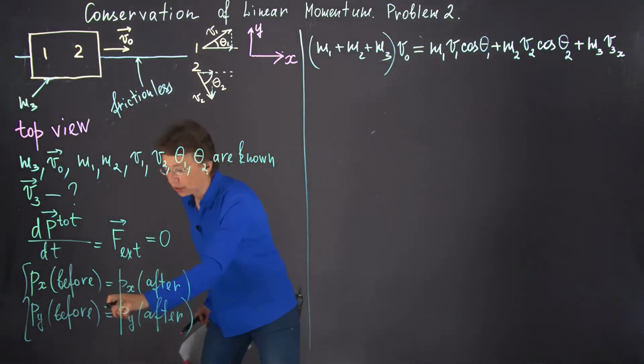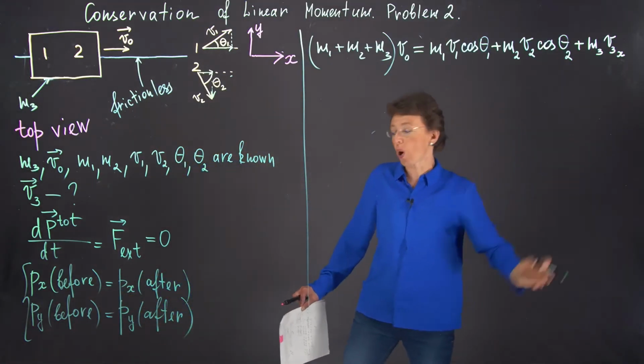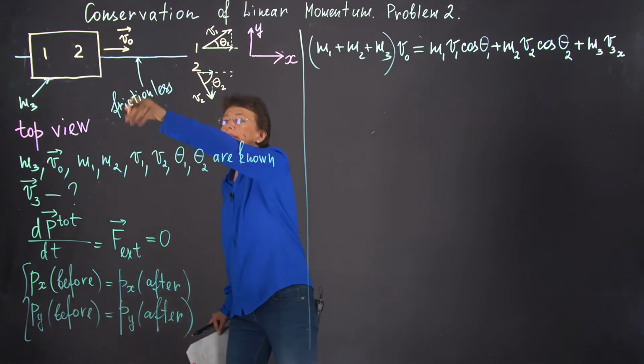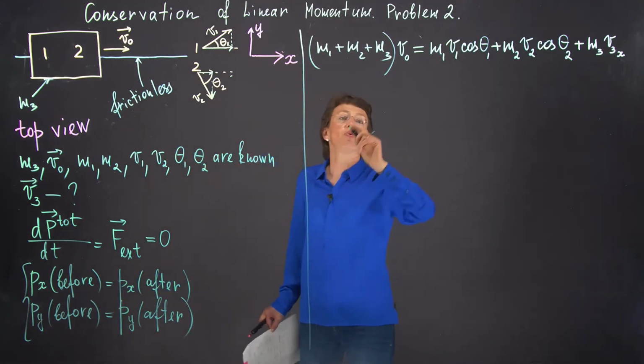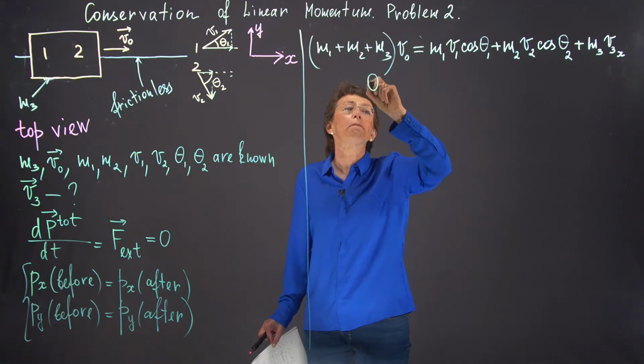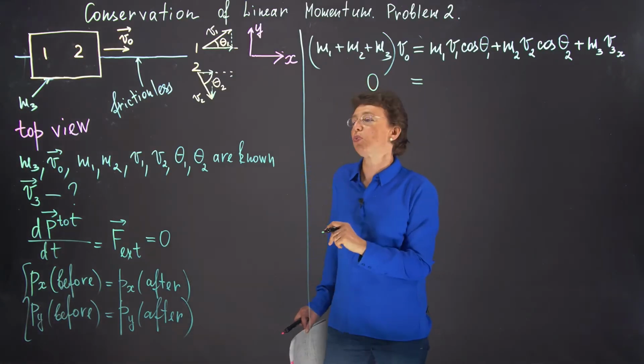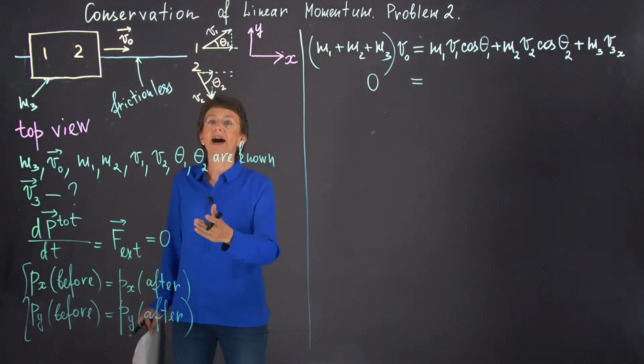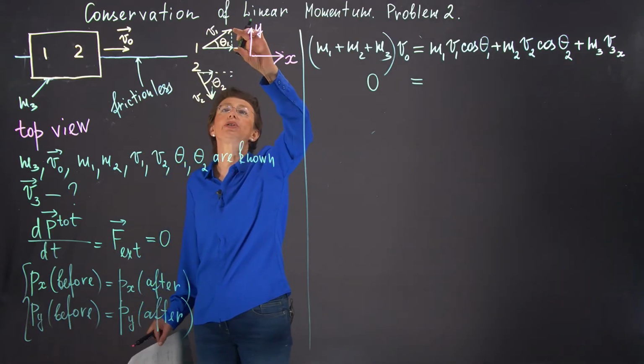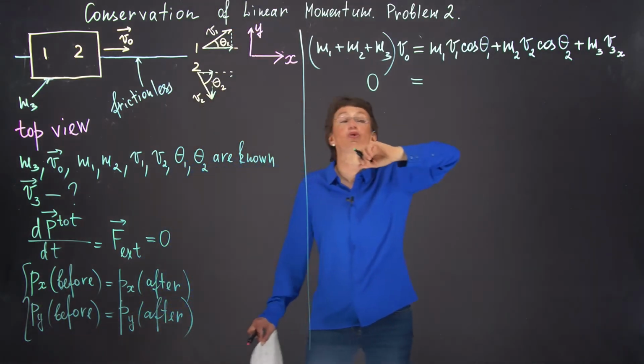Now I need the second equation because I also need v3y. Okay, py before. What is py before? Nothing was moving in the y direction. The y component of total momentum before was 0. What's happening after? I have a non-zero y component of linear momentum for rider 1.